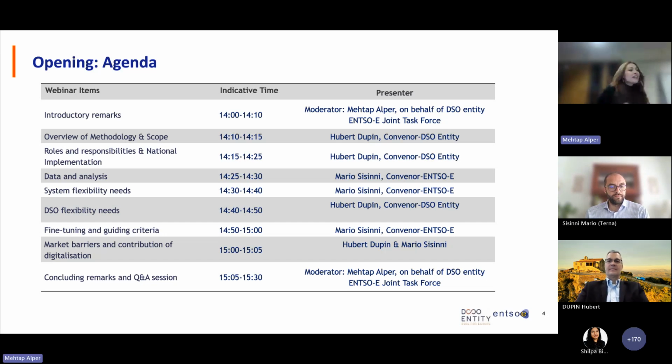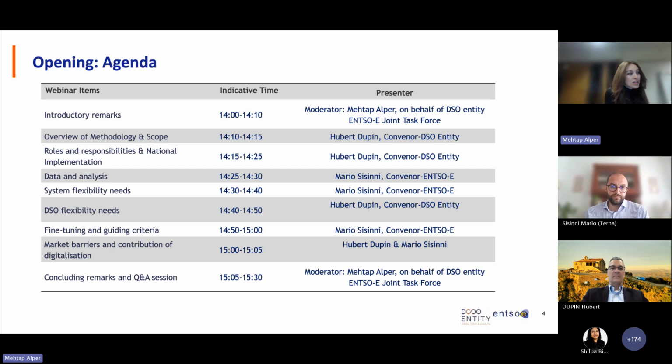We have covered a lot of ground in today's agenda, starting from the background and process and progressing through the whole scope of the methodology. Co-chairs of the DSO entity and ENTSO-E Joint Task Force drafting team, Hubert Dupin and Mario Cicini, will guide us through the full methodology sections today.